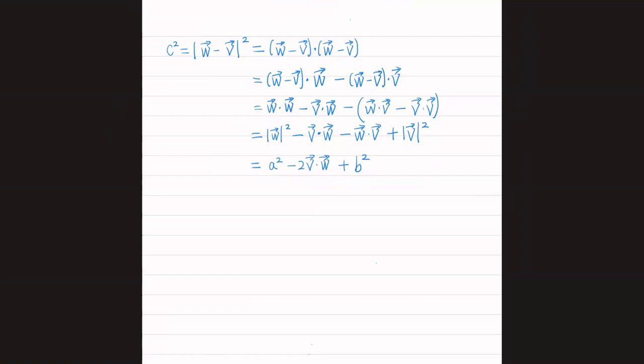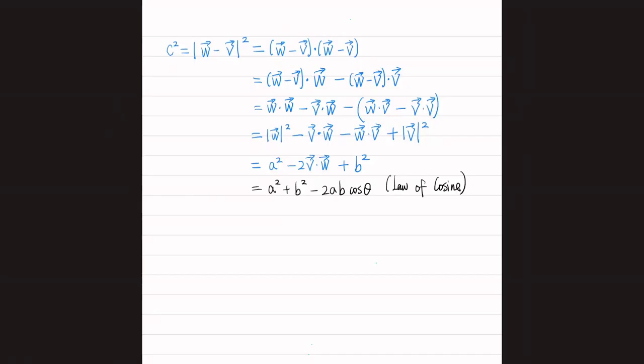So by the law of cosines, this is a squared plus b squared minus 2ab cosine theta.